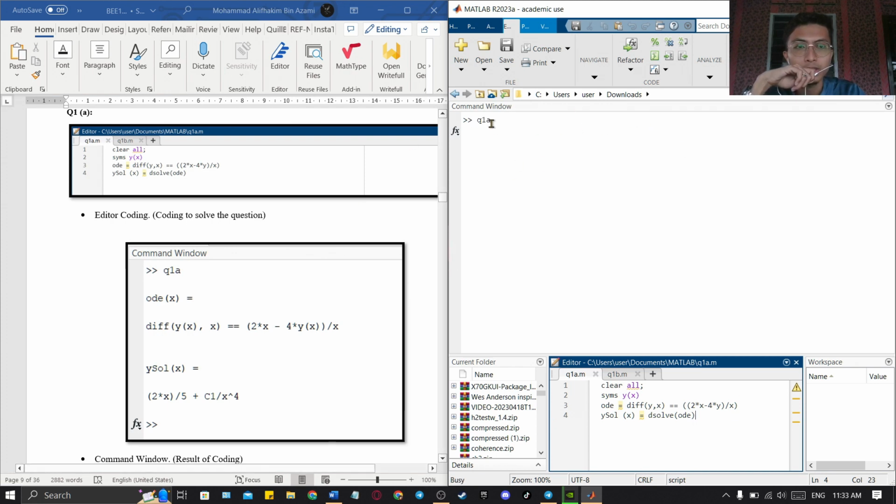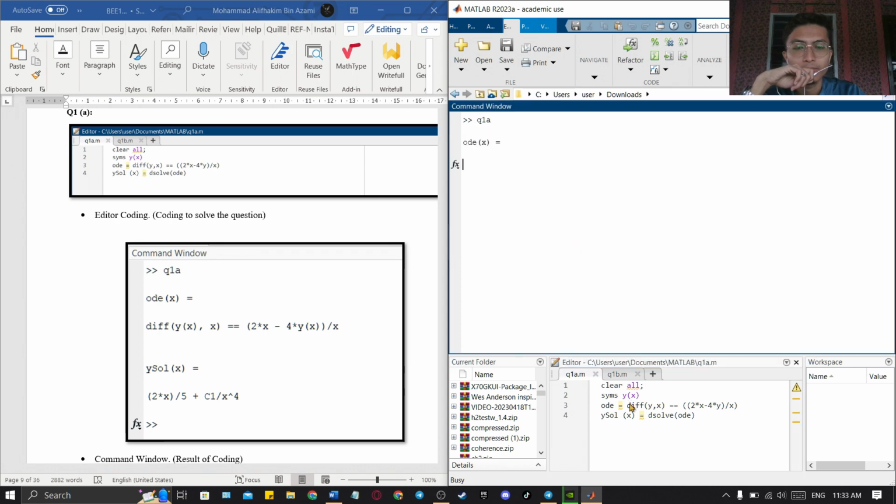Question 1a. We enter the ODE, which is the differential of y(x), and then we get the solution for the ODE.